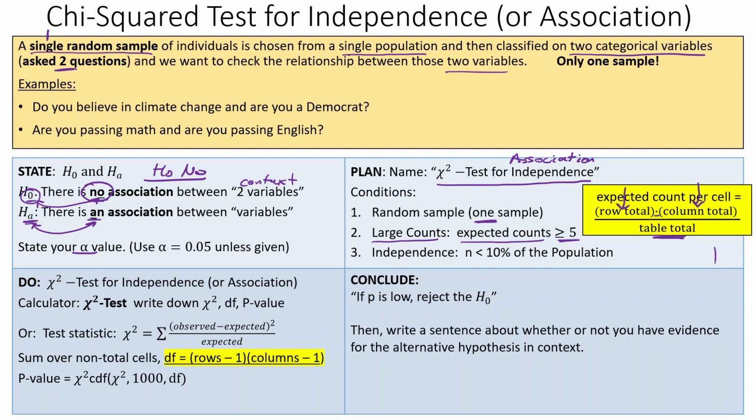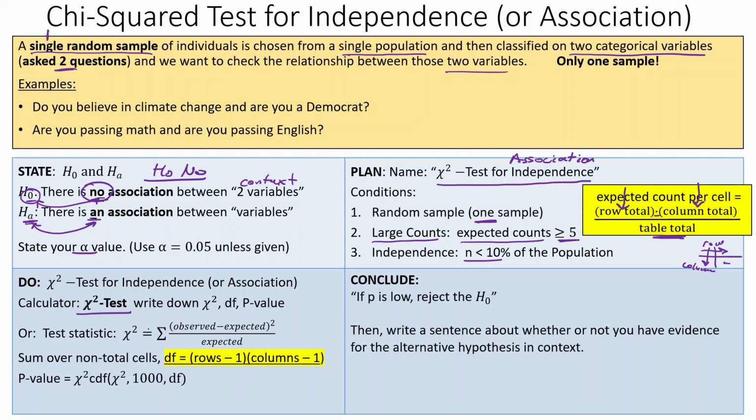The bottom corner is the table total, the big number. The row total would be there. The column total would be down there. We'll do an example, don't worry. For independence, we need n to be less than 10% still. That's always a thing.